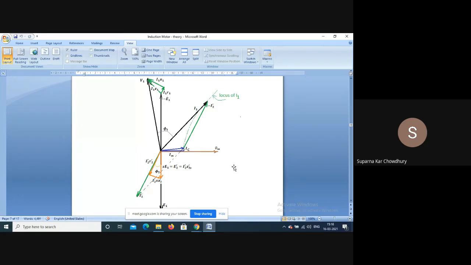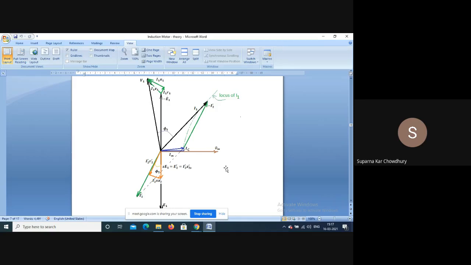Now, remember one thing, in case of a transformer, what we have seen is that the no load current was very small, say 4 to 5% of the full load current. But in case of an induction motor, the no load current is considerable, 30 to 50% of the full load current.